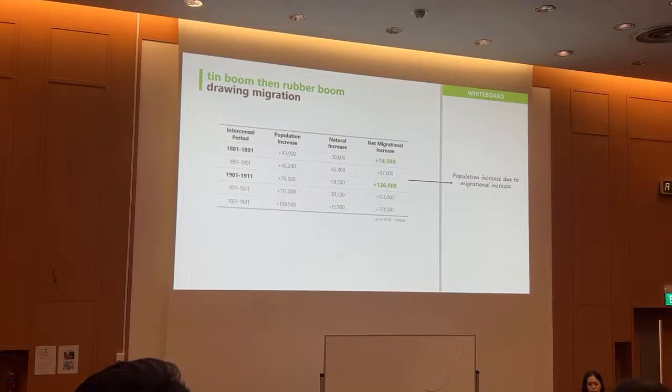With this high demand for workers, people were coming here to look for job opportunities. So you see the big number increase here. If you look at baby births, natural increase does not really feature in the initial population growth. When you have population growth, it's really due to migration.